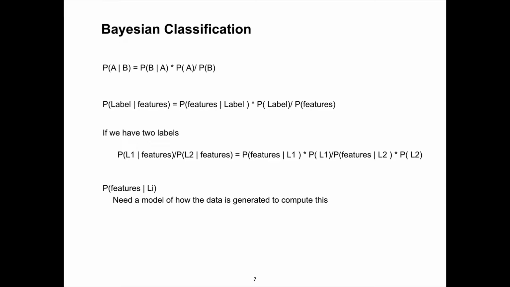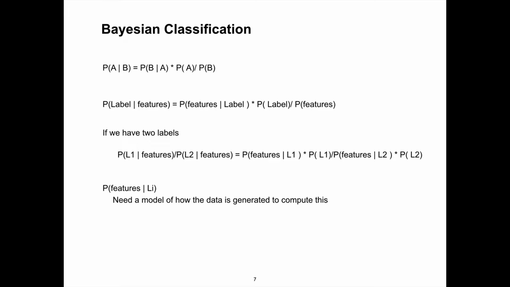But if you get two labels, we can divide one by the other, and that gives us just, given label 1, what's the probability of those features occurring, times the probability of label 1, and same thing for label 2.